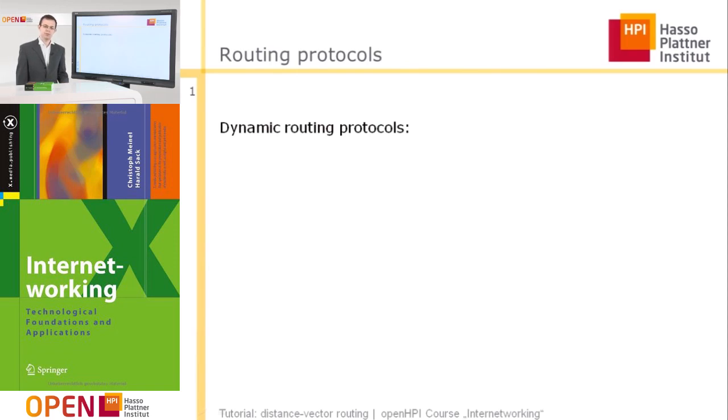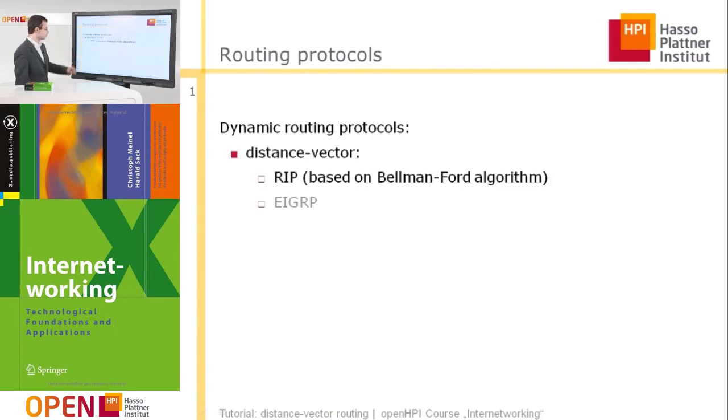There are three main classes of dynamic routing protocols. First of all, it's distance vector routing, for example, Routing Information Protocol, or another one, Enhanced Interior Gateway Routing Protocol.